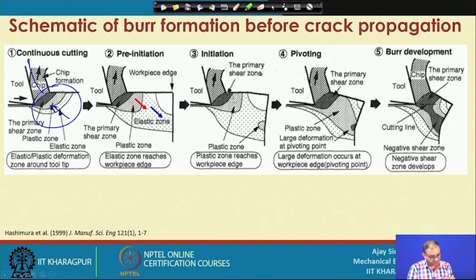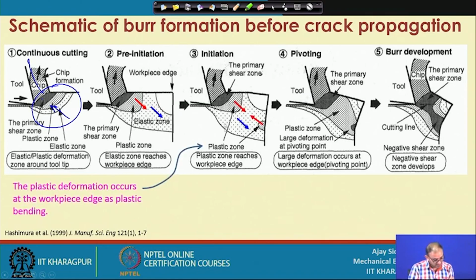Now, the third step is initiation. Why is it called initiation? Because now this is the plastic zone, and one more plastic zone occurs, because if you see this particular thing, it is bent a little bit. This was a right angle, but now it is bending. This is called the nucleation.